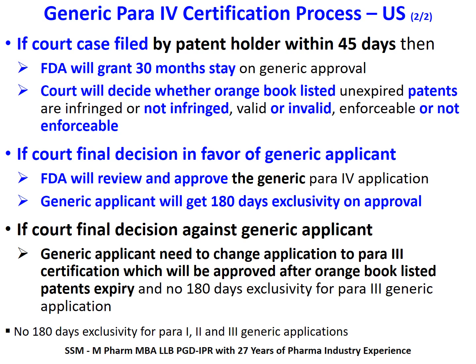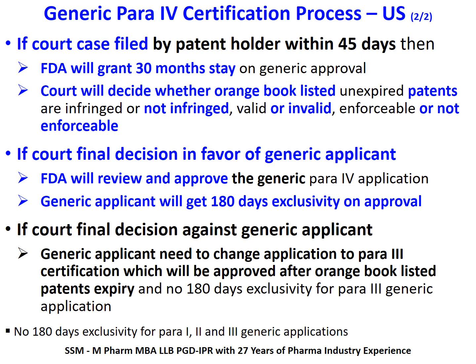But if a court case is filed by the patent holder within 45 days, then FDA will grant a 30 month stay on generic approval. US FDA will not approve the generic product for the next 30 months.